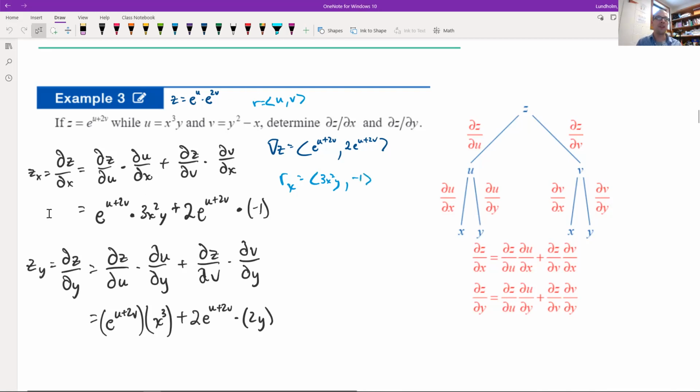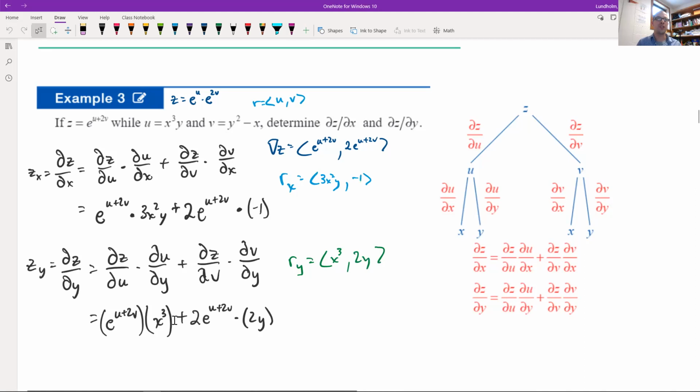So notice that the thing that we get down here is the dot product of those two vectors. For the other one, we would want to do the partial derivative of r with respect to y. Now taking with respect to y, we just have x cubed for that first part, and taking the partial derivative of v with respect to y, we'd have 2 times y.